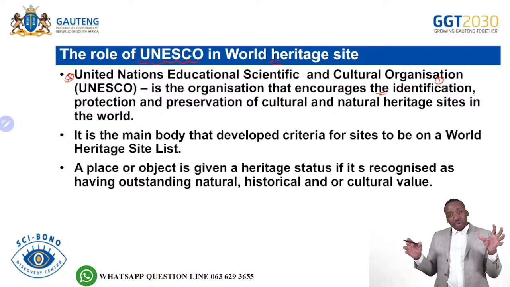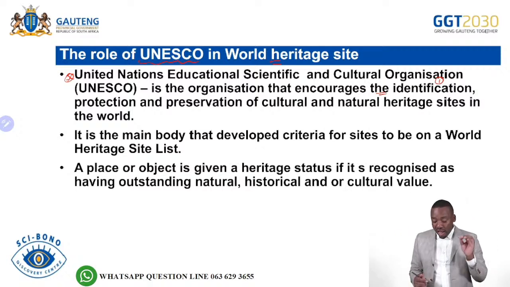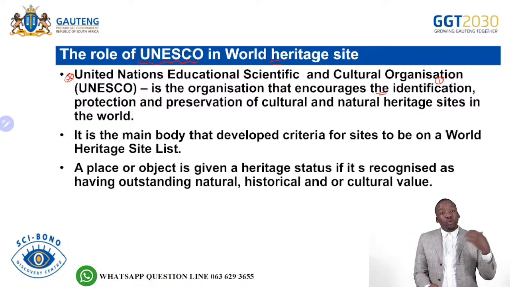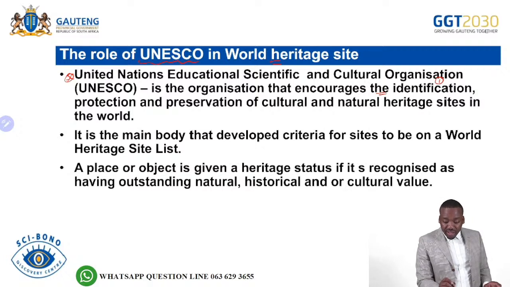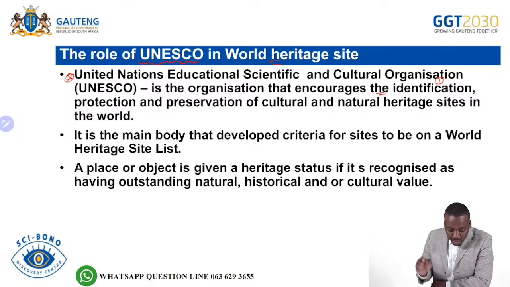So in a particular country, we might have attractions that have those elements that I spoke about. It might be a lake that has outstanding evidence, or a geographical area that has outstanding features. So the first role is that UNESCO encourages the identification of attractions that can possibly be declared World Heritage Sites.